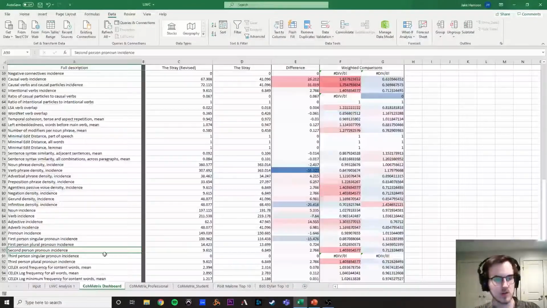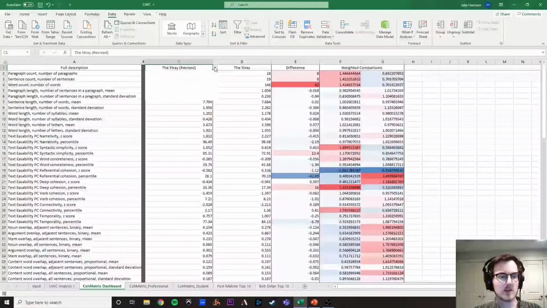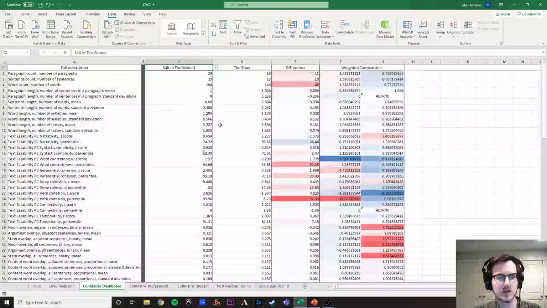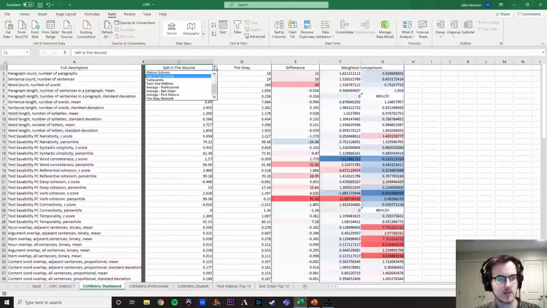I want to also show, this is the Coh-Metrix side of the dashboard. And this works in a similar function. You can pull in different songs on this side and then compare how the Coh-Metrix variables stack up between the two songs.